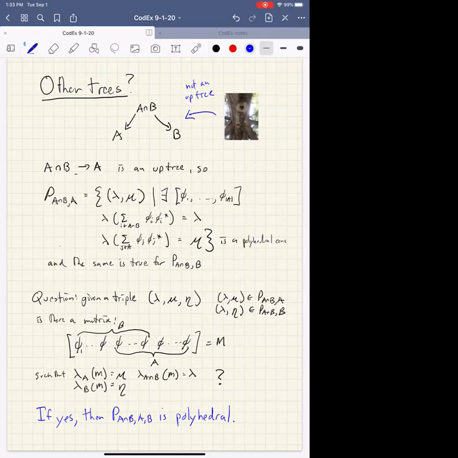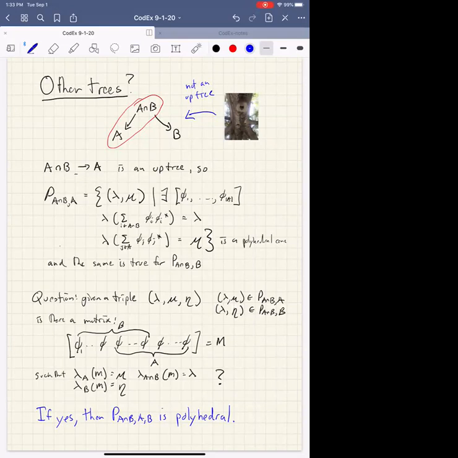So in this case, if we look at either branch of this diagram, it's itself an up tree, even though the union isn't. And so we know that the sets associated to either branch are polyhedral cones. It's true for P_{A intersect B, A}, and it's true for P_{A intersect B, B}.